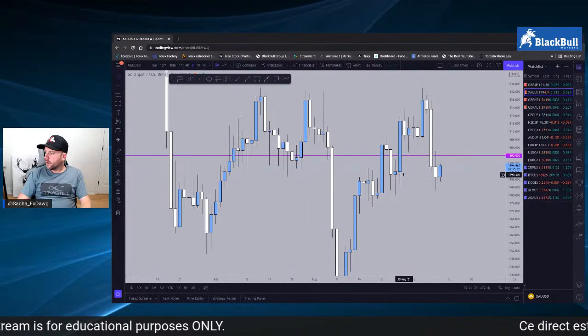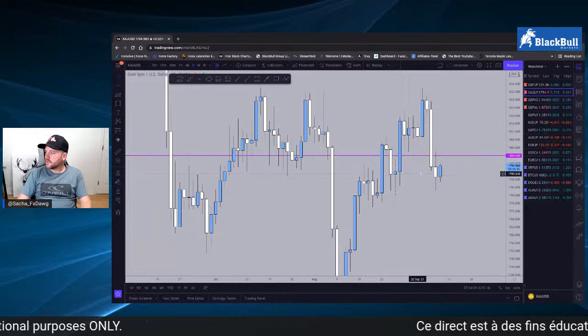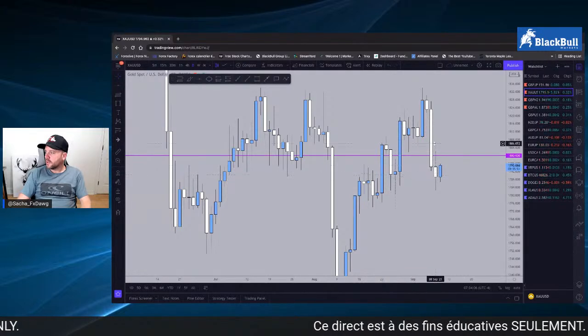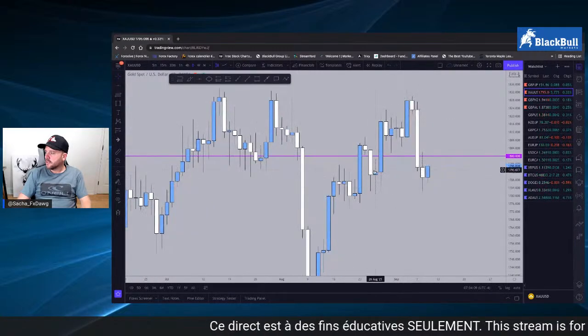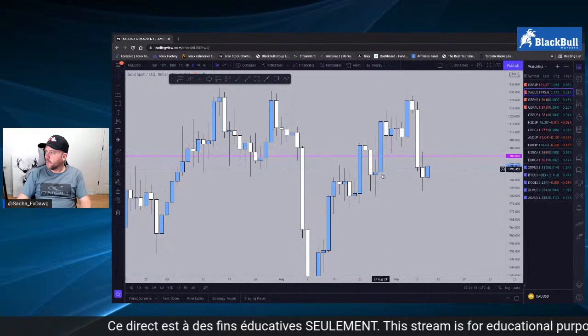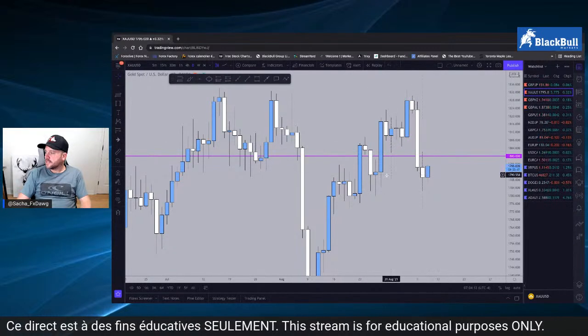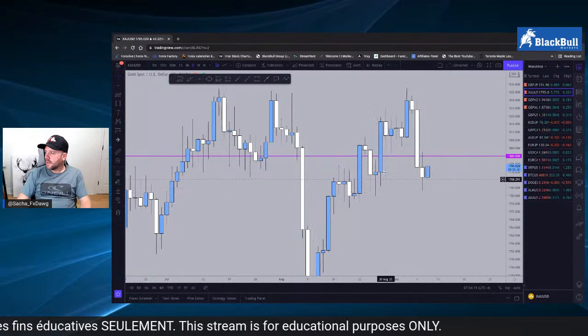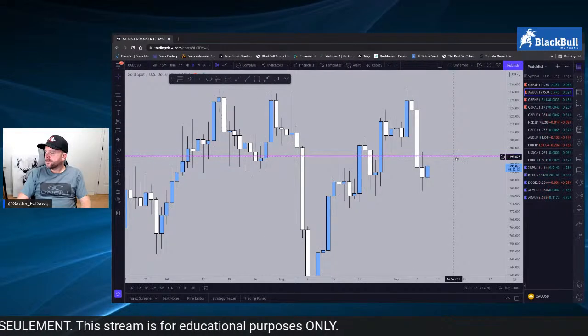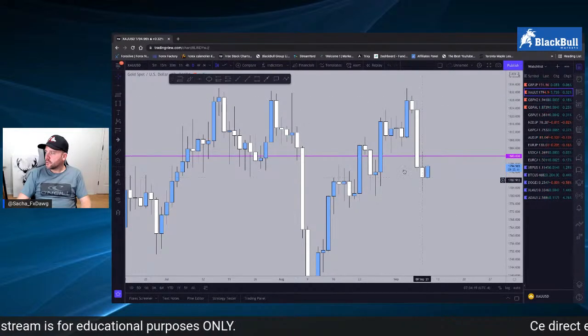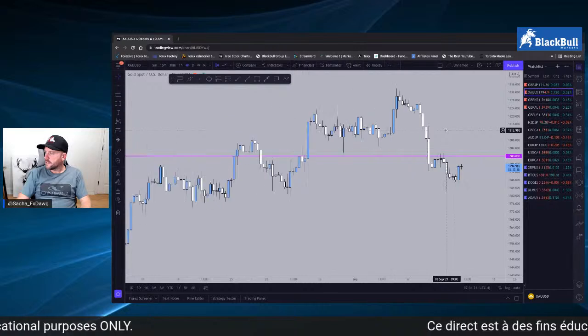Right now, we are right at this daily support, right? So we respected this daily support, now trying to push up. We didn't break that structure. If this would have broken under this, for sure we're coming down. But right now we're still on that retracement. So we might look for sells.